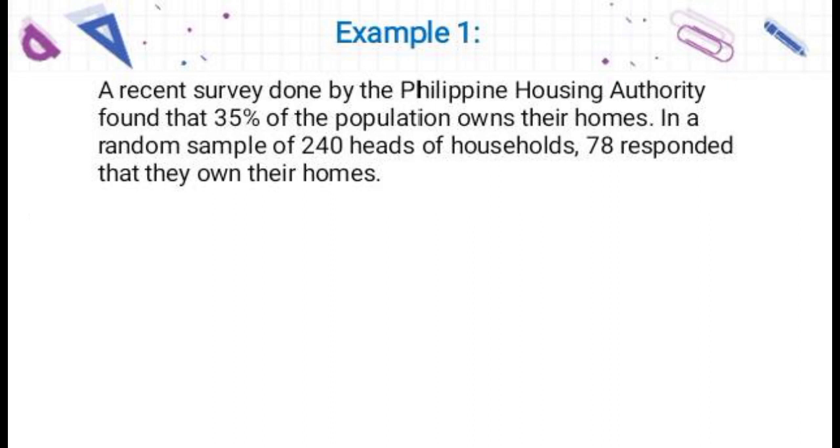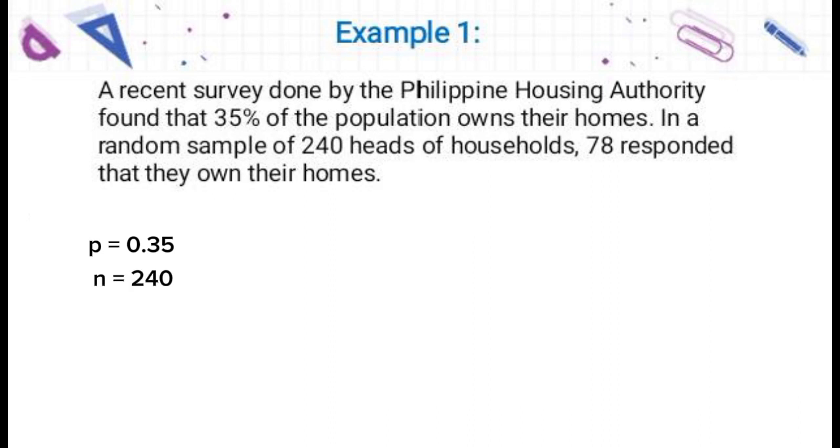And last, the probability remains constant for each trial. The probability of getting the answer whether they own their homes or not remains constant for the rest of the 240 households. Here, we are going to compute this one a little later. After that, let's determine the given from this situation. The P here, or the population proportion, is equal to 0.35.